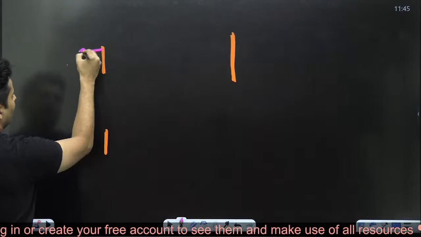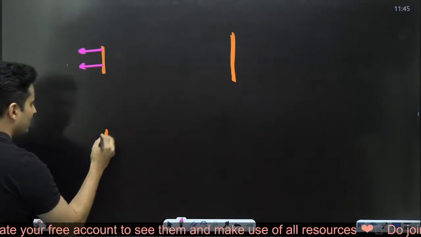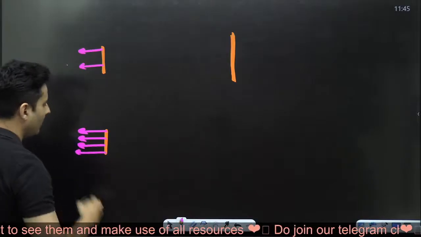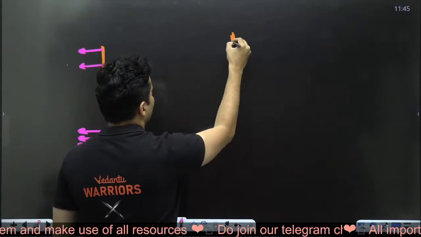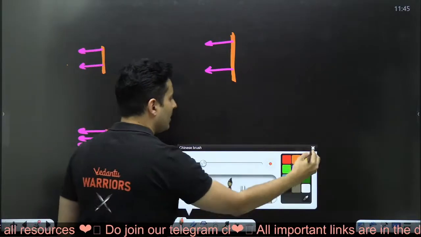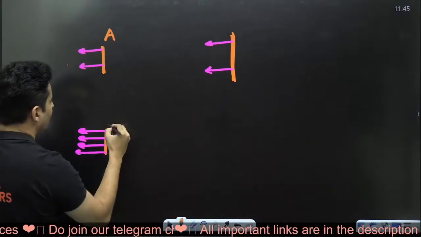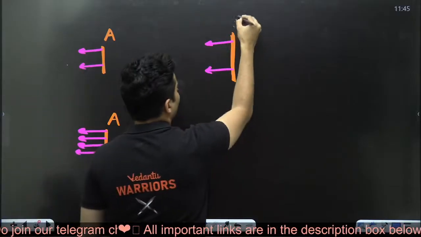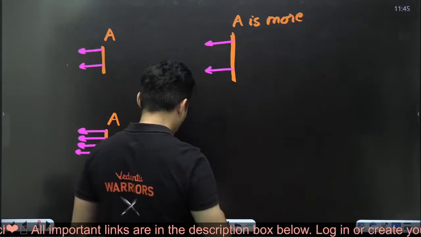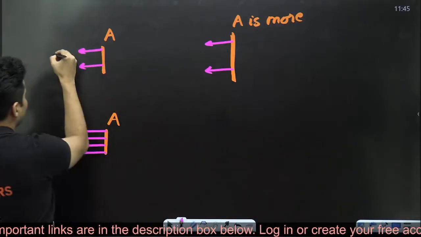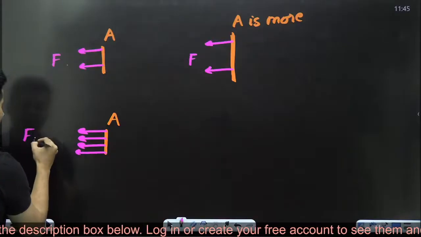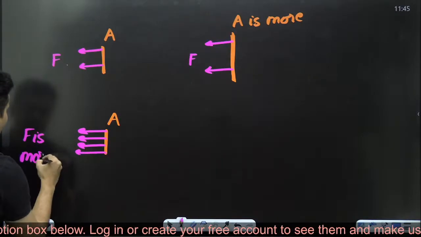Imagine earlier this were the forces, now this is the force restoring, and then this is the force over here in a larger area. Here if the area is A, here also the area is A, here the area is more. Here if the force is F, here also the force is F, but here the force is more.